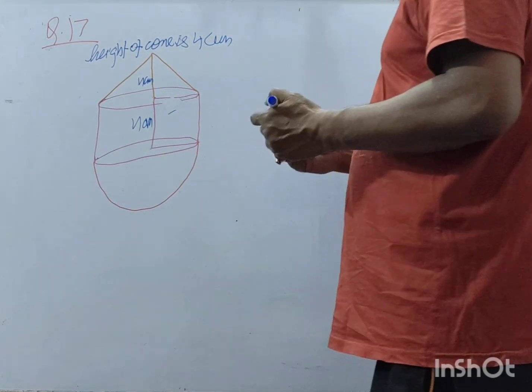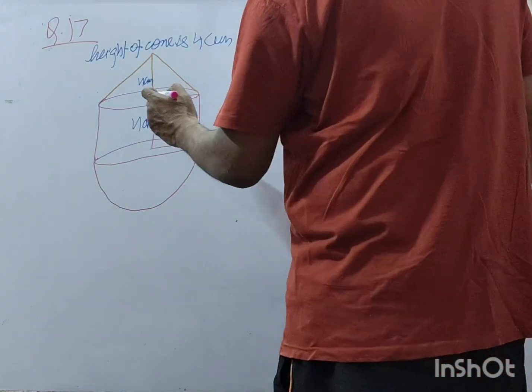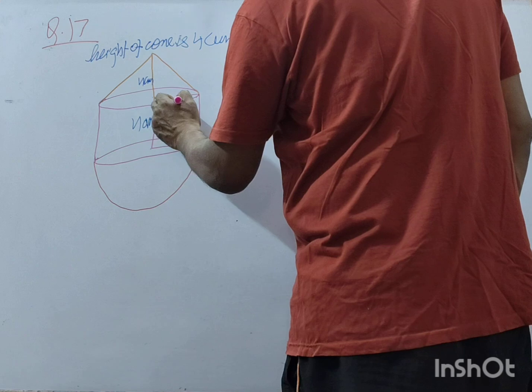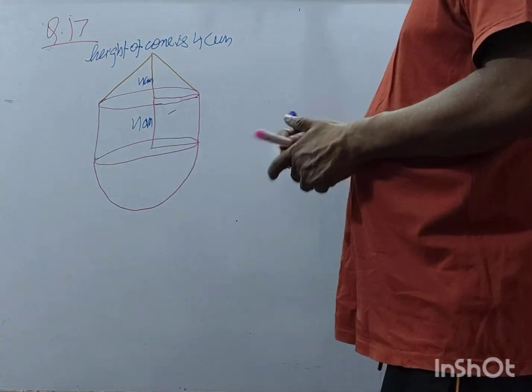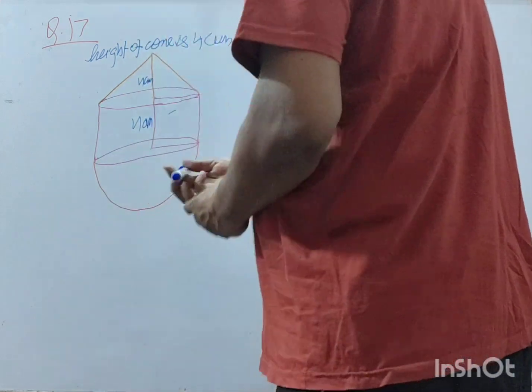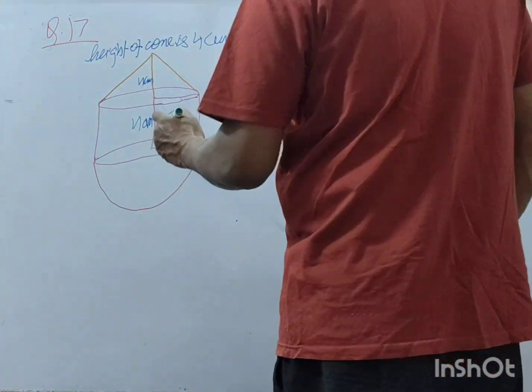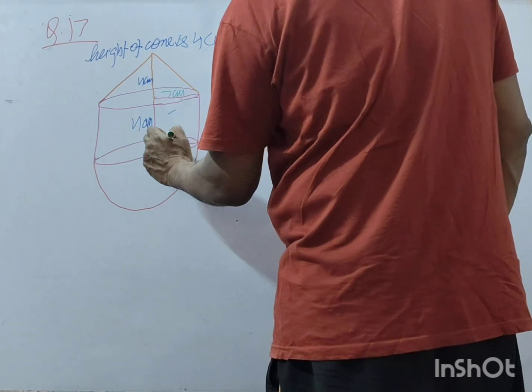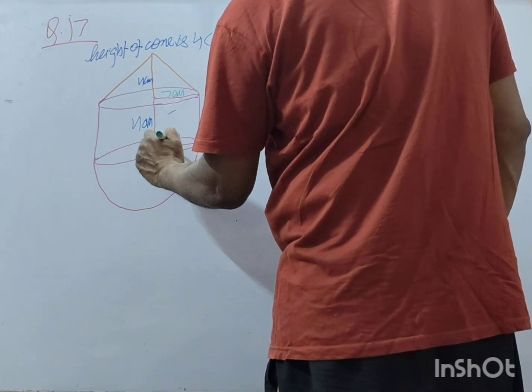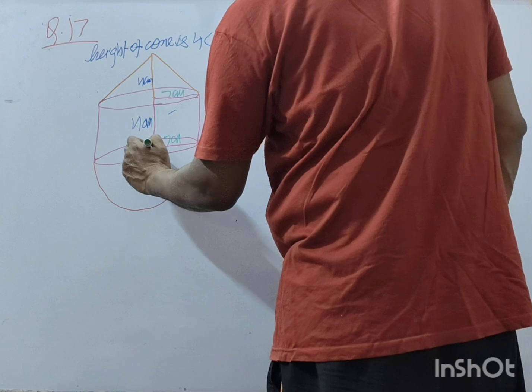Okay. Their common radius is 7 centimeter. Both are having 4. This is 7 centimeter radius.